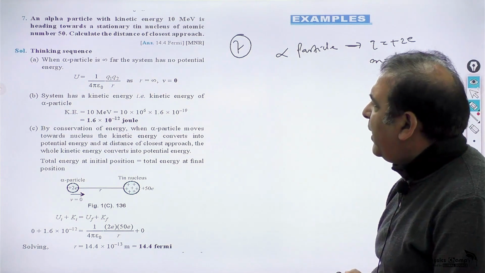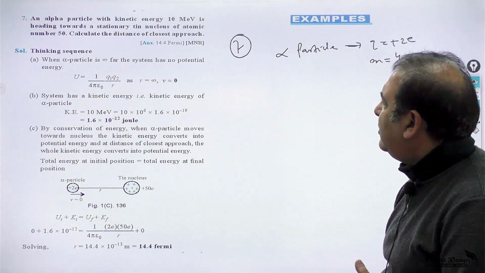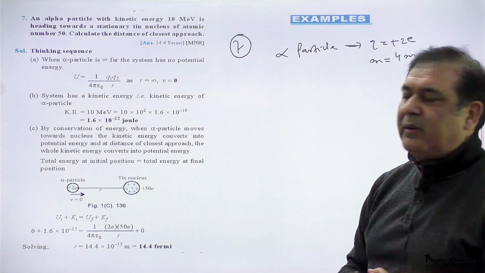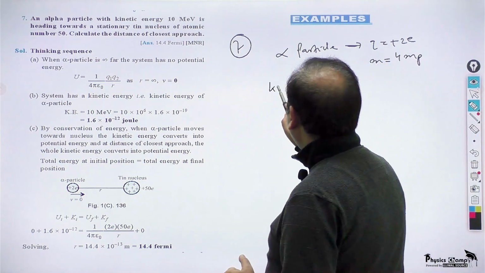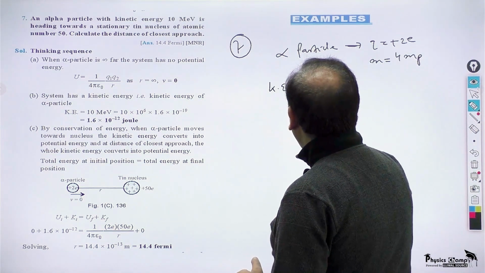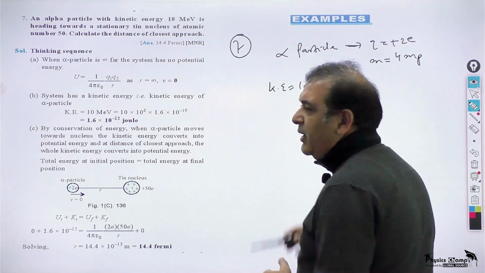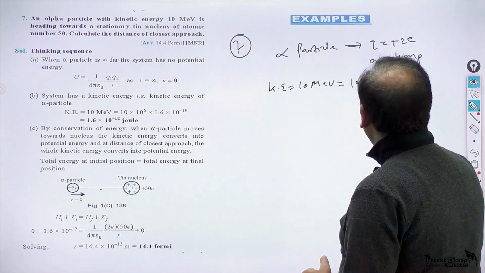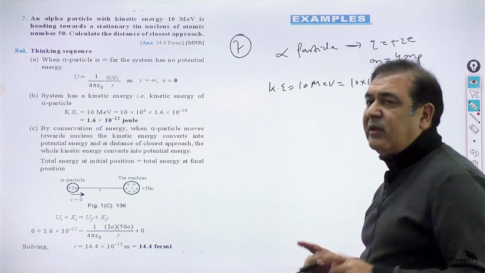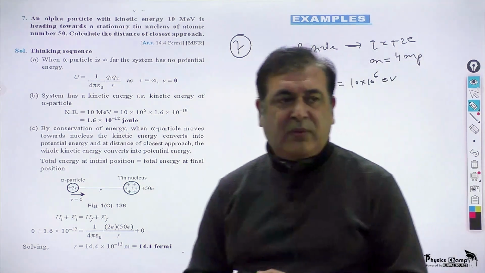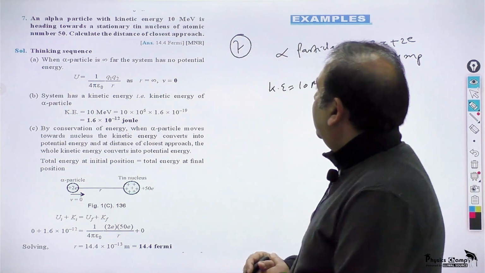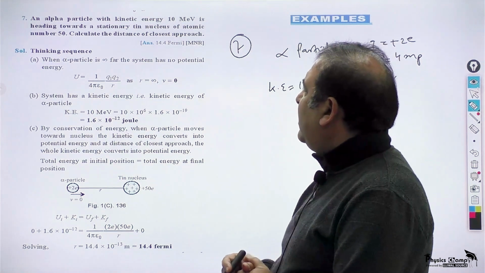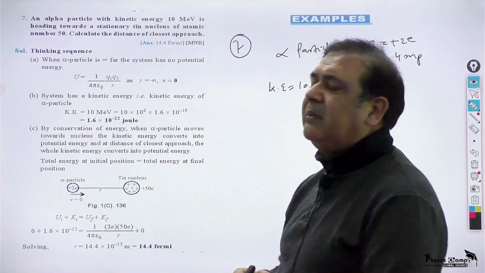So an alpha particle which has a kinetic energy of 10 mega electron volt. When I say kinetic energy is 10 mega electron volt, what does that mean? It means 10 into 10 to the power 6 electron volt, and 1 electron volt is 1.6 into 10 to the power minus 19 joule. It is heading towards a stationary tin nucleus of atomic number 50.